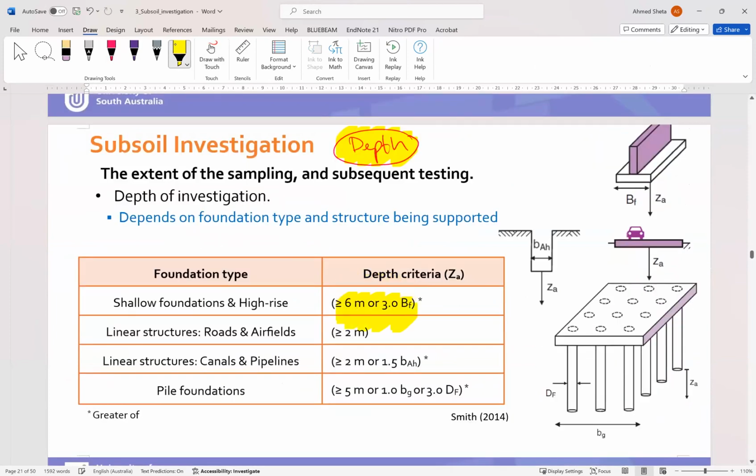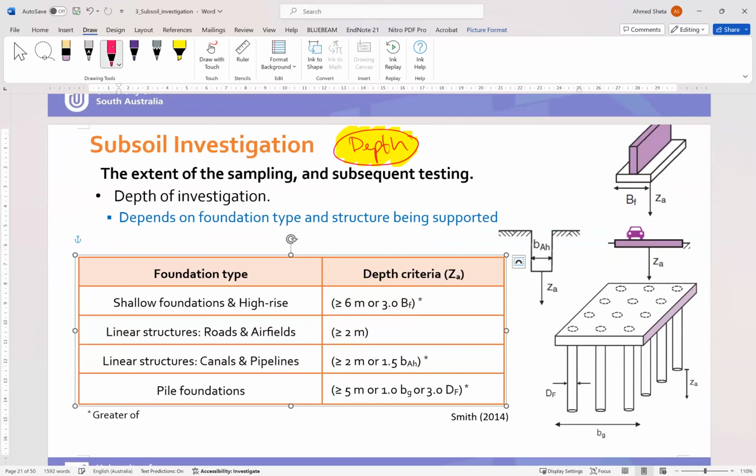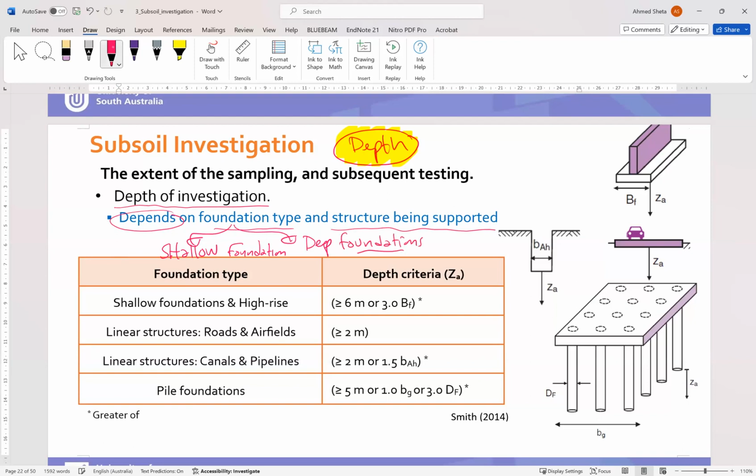Okay, so for the depths of investigation, we depend on the foundation type and the structure being supported. The foundation type again can be shallow foundation, like footing, and the other type is deep foundation or piles. We will discuss the foundations later in the course. And here is some example.